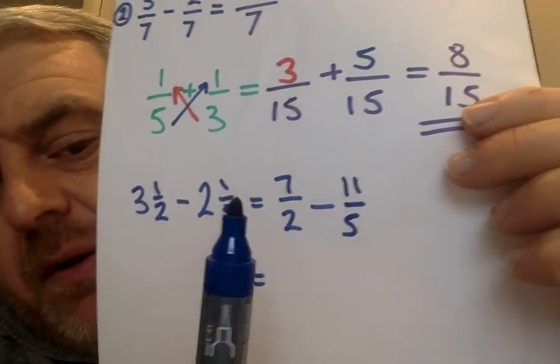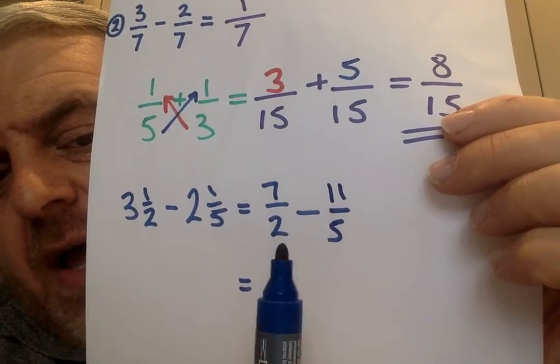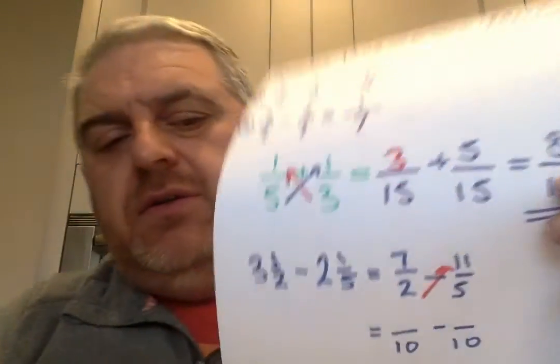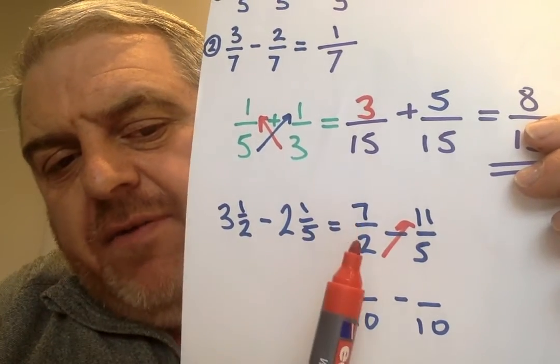Okay, now we're going to do exactly the same as we did before. We're going to take the 2 and the 5 and create a new denominator of 10. That's 2 times 5 gives me 10. So my new sum is going to be something over 10, take away something over 10. And what's that first value going to be?